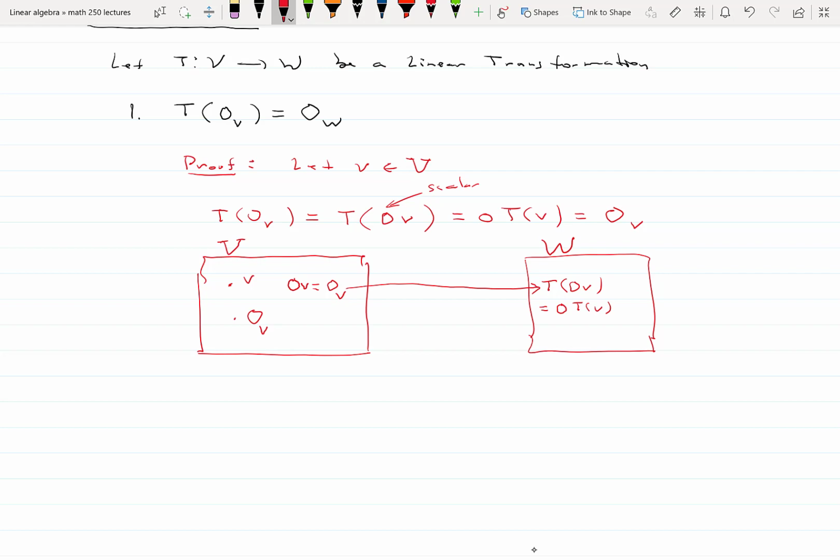And what's the 0 scalar times a vector? It is the 0 vector. The 0 vector where? Let's see if you caught my mistake.